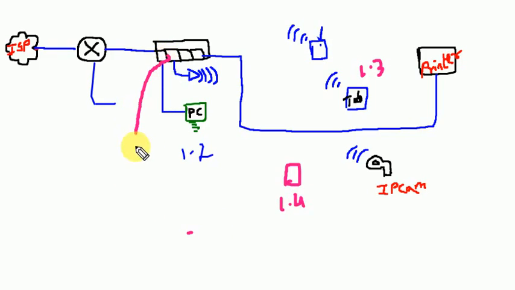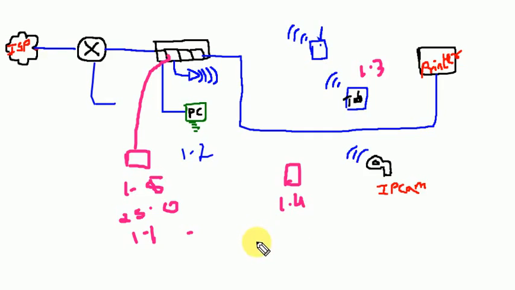If I connect this port to another PC, that PC gets 1.5 as its IP address, with subnet mask 255.255.255.0, and gateway 1.1. 1.1 means this router's IP address as the gateway, and it also gets the DNS address which I configured in my router.